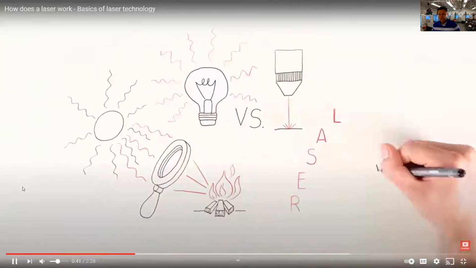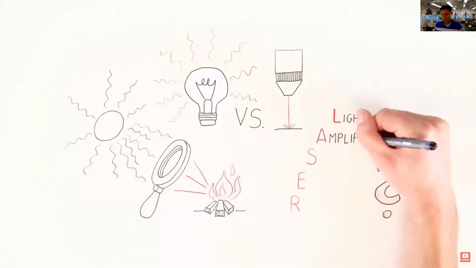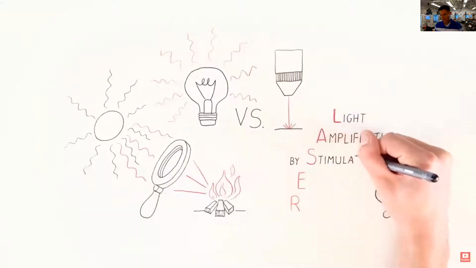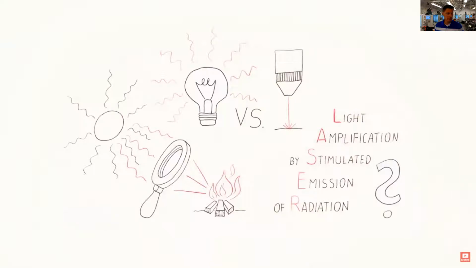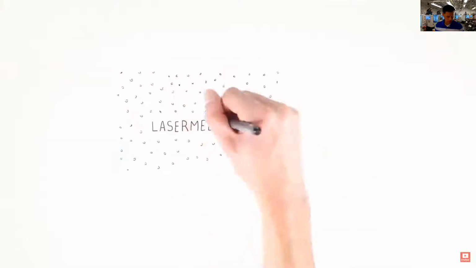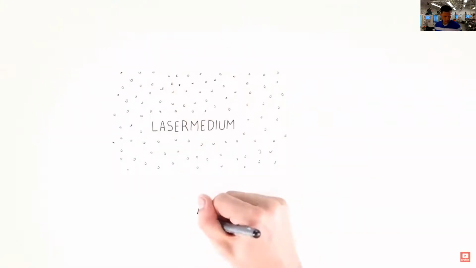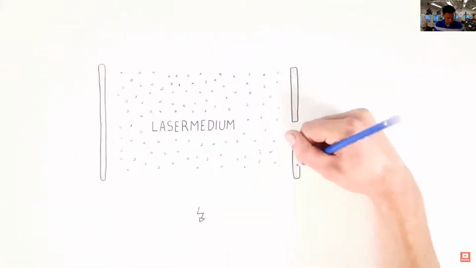But what does laser mean anyway? Laser is an acronym for Light Amplification by Stimulated Emission of Radiation. Sounds complicated at first, but actually it is not. A laser consists of a laser medium, for example, a gas, an energy source, the pump, and 2 mirrors, one of which is partially transmissive.